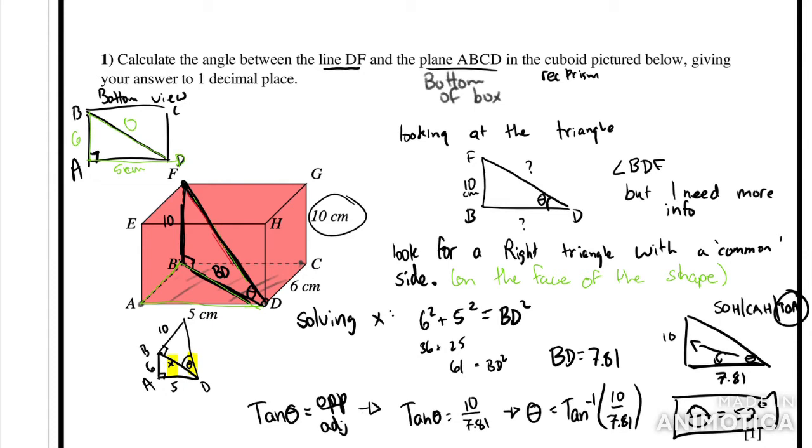What you basically need to do is to find two triangles and turn it into a 2D problem. One of the things I want you to notice is that this is the same as a 2D problem where you have to set up your triangles.